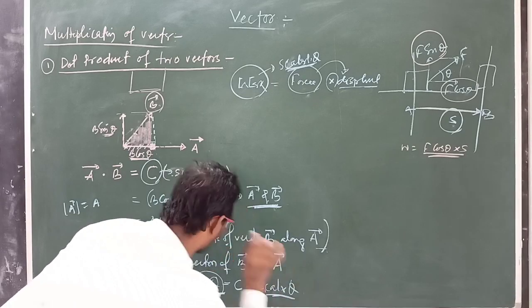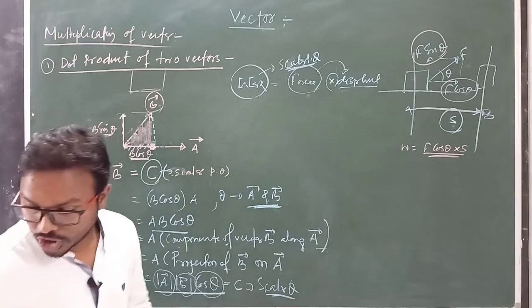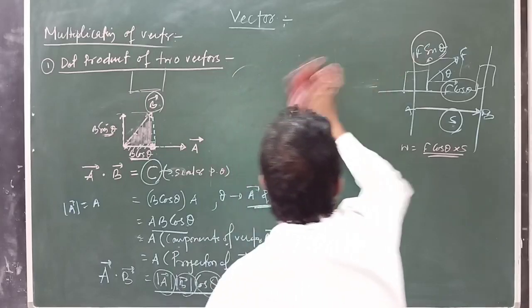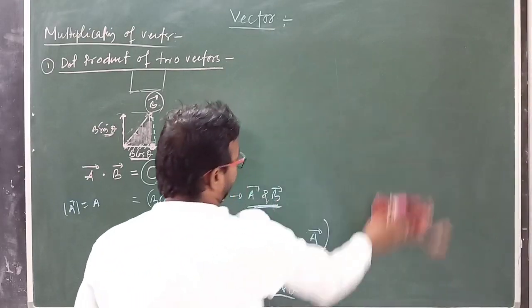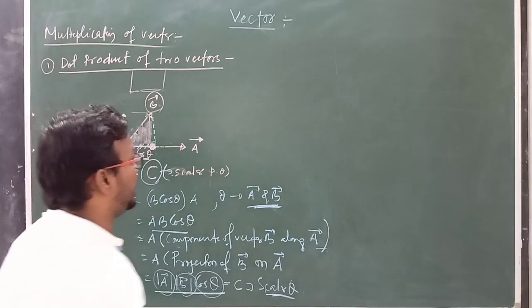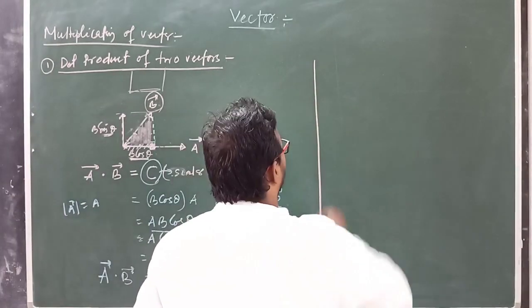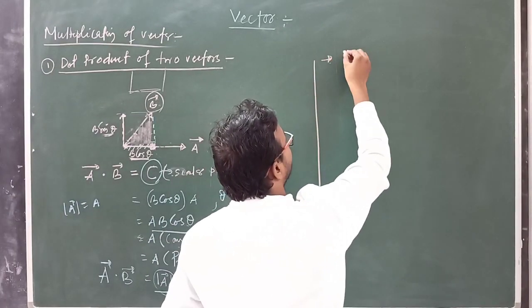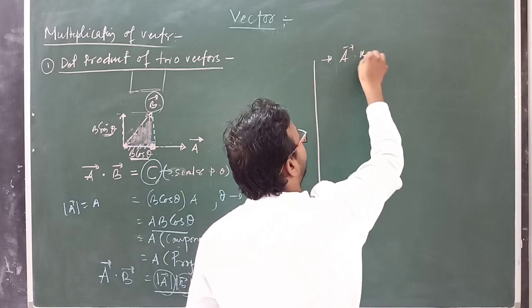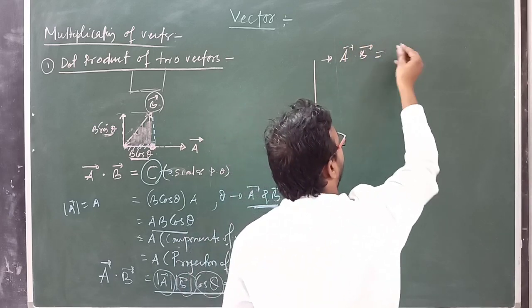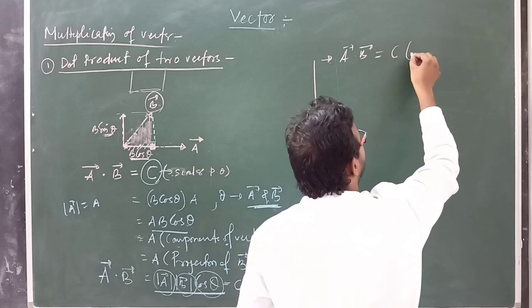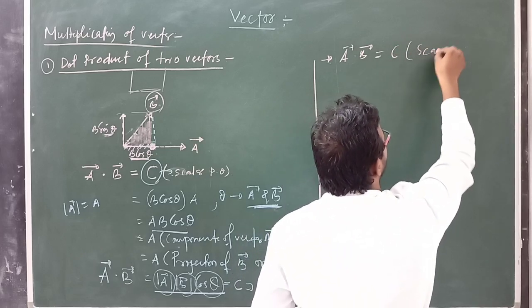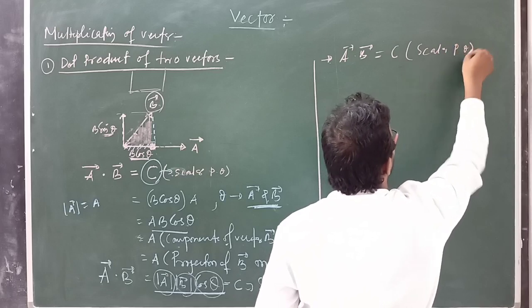Scalar quantity. So you have to remember the dot product of two vectors gives a physical quantity, and that physical quantity is your scalar quantity. Clear? So remember one point: A dot B vector gives a resultant, suppose C, and C is here a scalar physical quantity.